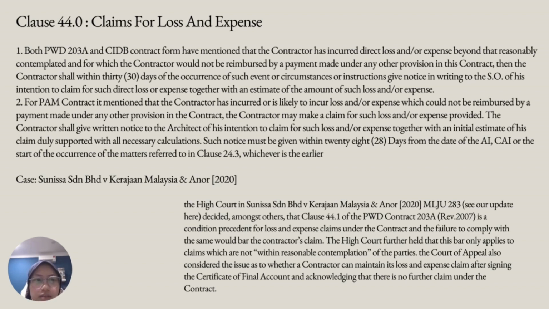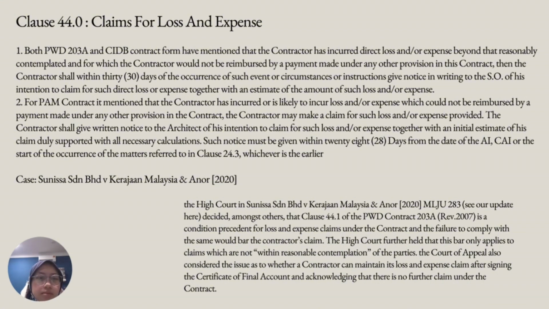Then the contractor shall within 30 days of the occurrence of such event or circumstances or instruction give notice in writing to the SO of his intention to claim for such direct loss or expenses together with an estimate of the amount of such loss and or expenses.